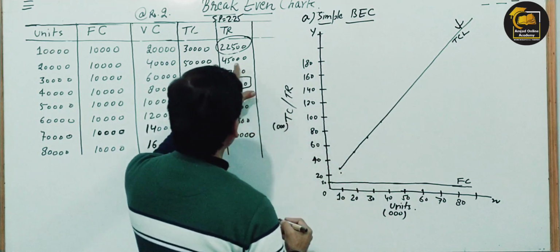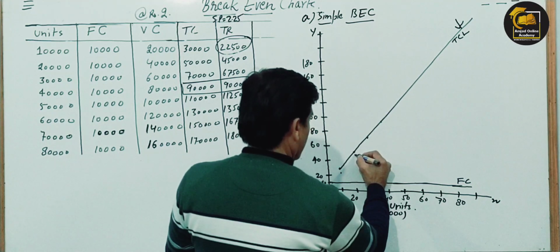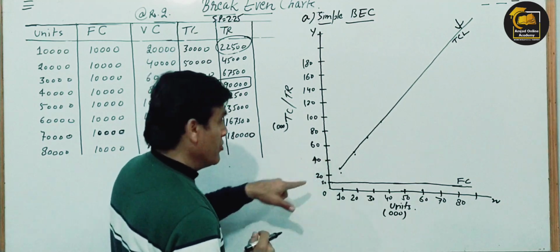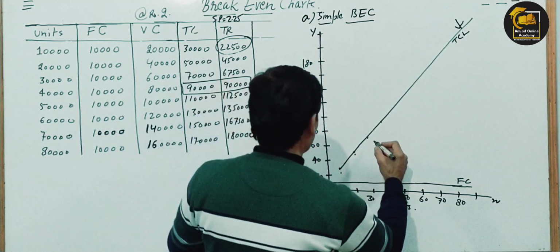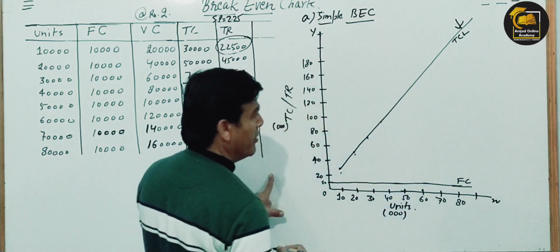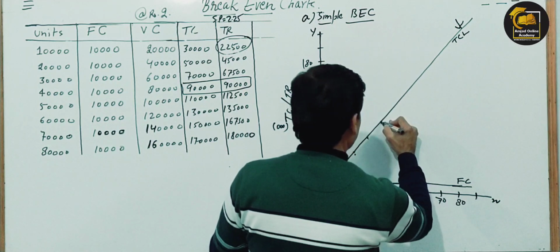At 20,000 units it is 45,000, approximately a little bit here, a little bit above 40,000. At 30,000 it is 67,500, approximately here, and then at 40,000 it is 90,000, approximately here.